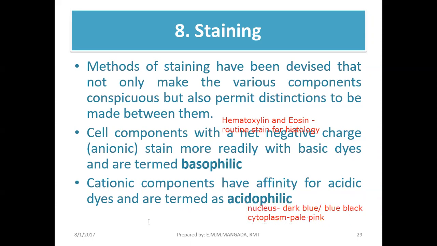So again, the most commonly used staining technique in histology or in histopathology is your hematoxylin and eosin, or H&E staining technique. It's the routine staining technique, okay? And your hematoxylin is used for the staining of your nucleus, and your eosin for your cytoplasm. So the resultant colors, we have nucleus stained dark blue or blue black, and the cytoplasm pale pink.